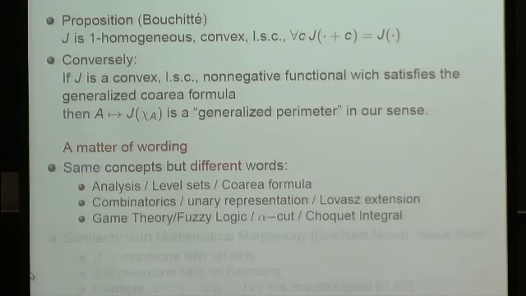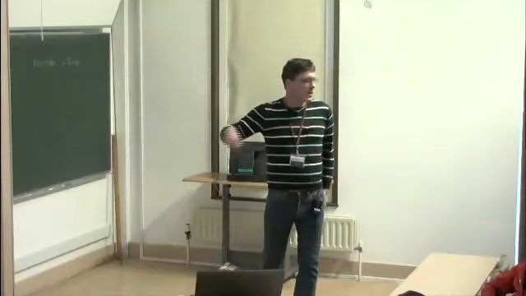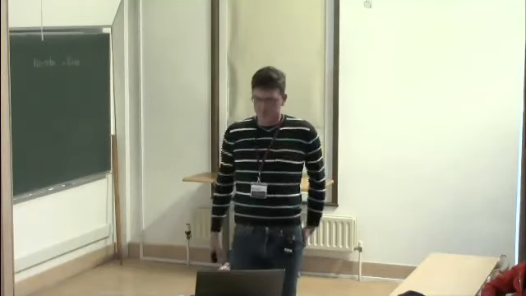These are exactly the same operations. The only difference is whether you live in the continuous world or are quantized, and you replace the integral by a sum, and so on, but it is exactly the same concept. And in signal processing, this has been done in mathematical morphology, or stack filters, with exactly the same kind of procedures.